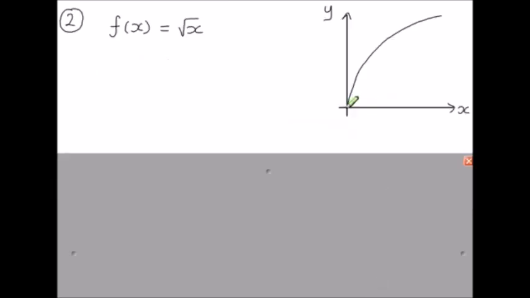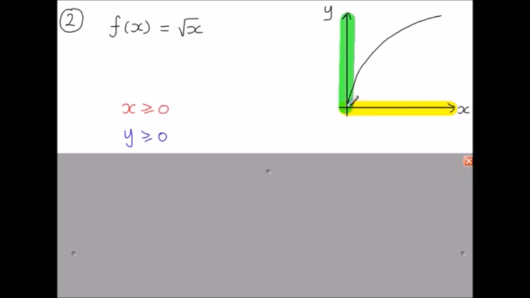Example 2. The domain, clearly this time, x can't take any negative values, so x is greater than or equal to 0. This is the domain. And the range on the y-axis is y is greater than or equal to 0.